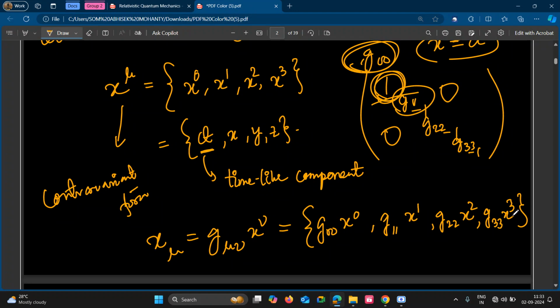Now can you do it? See, g00 is 1 and x0 is simply ct. g11 is minus 1 and x1 is x, so minus x. g22 is minus 1 and x2 is y, so minus y, and so on. Did you get it? This is the way to understand this.